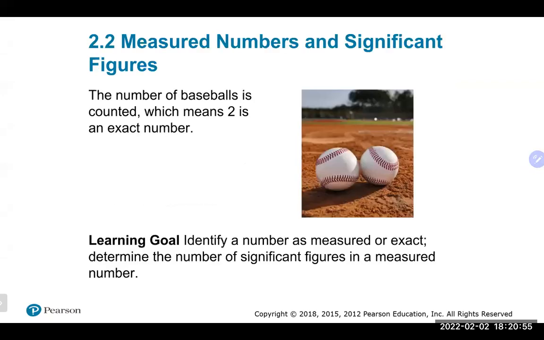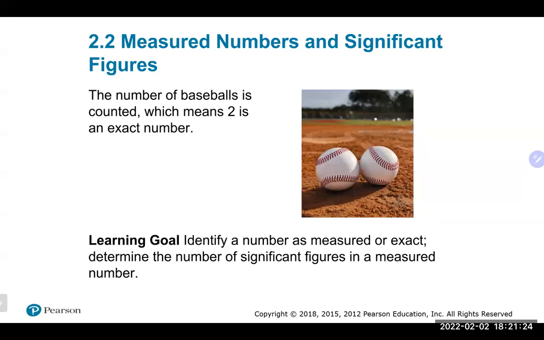All right, so let's talk about measured numbers and significant figures. One of the most important things that you need to know how to do in chemistry, and in life, is to properly take a measurement. No matter what measurement you take, there's always some degree of uncertainty.